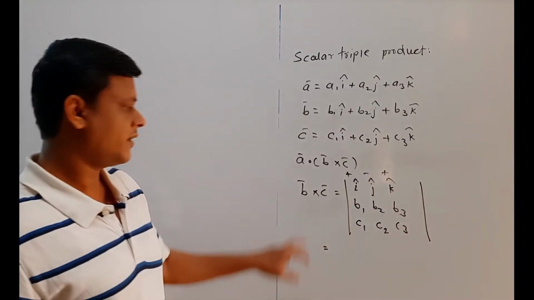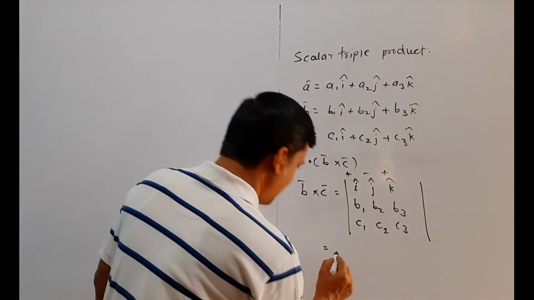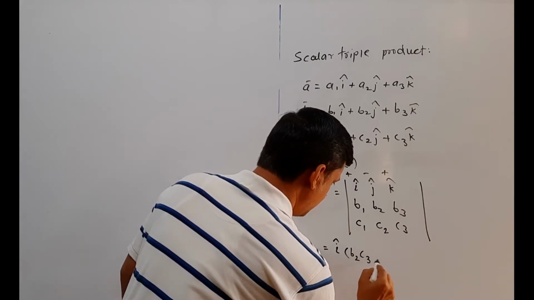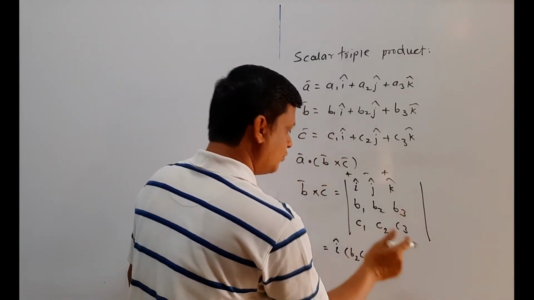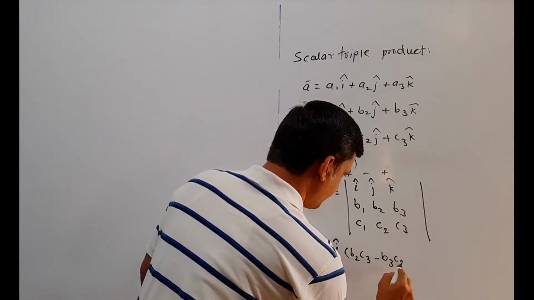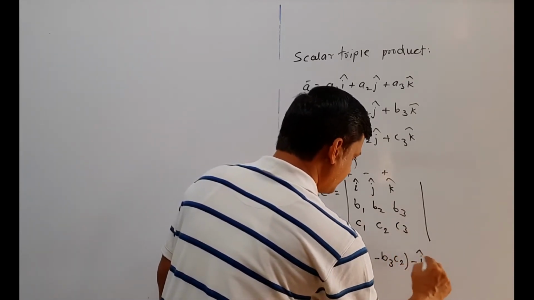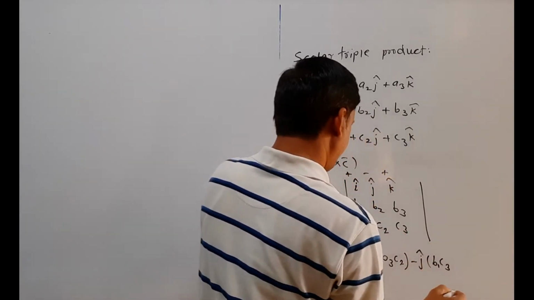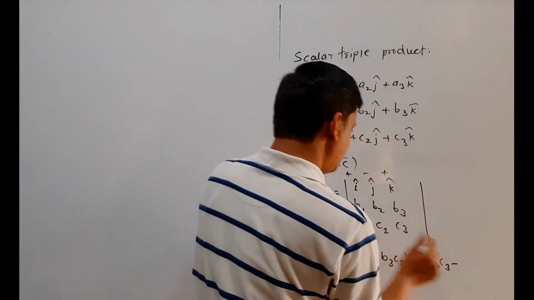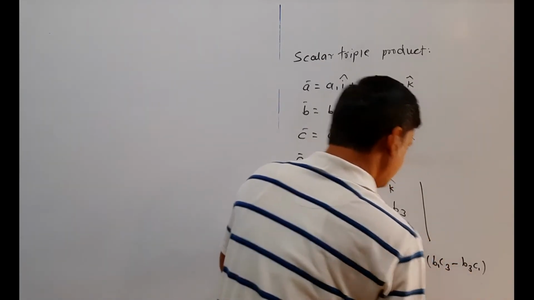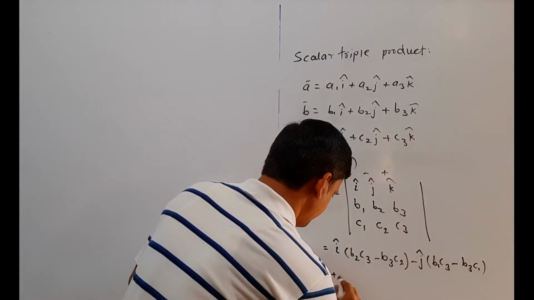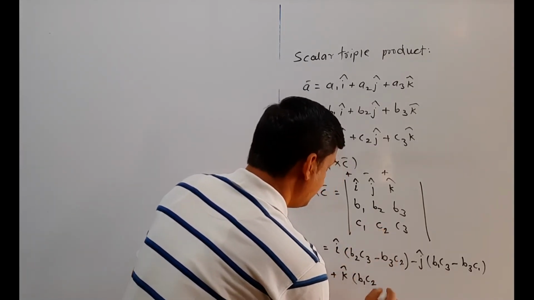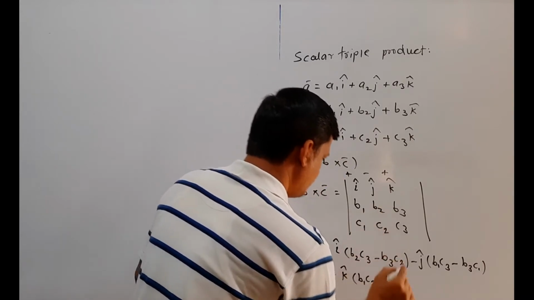So first we calculate b bar cross c bar. We get i cap in bracket b2 c3 minus b3 c2, then minus j in bracket b1 c3 minus b3 c1, then plus k cap in bracket b1 c2 minus b2 c1.